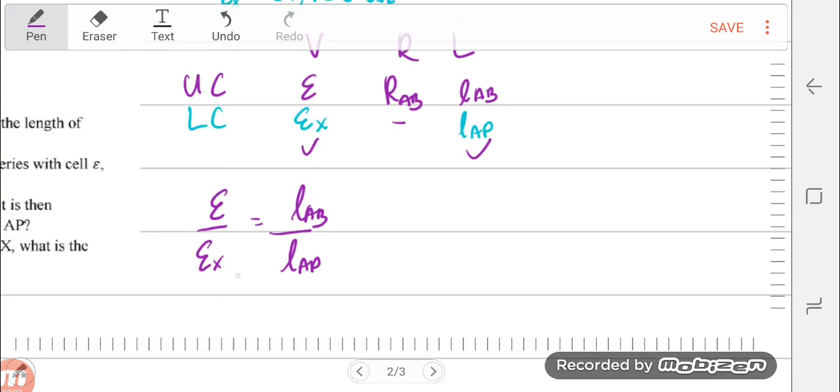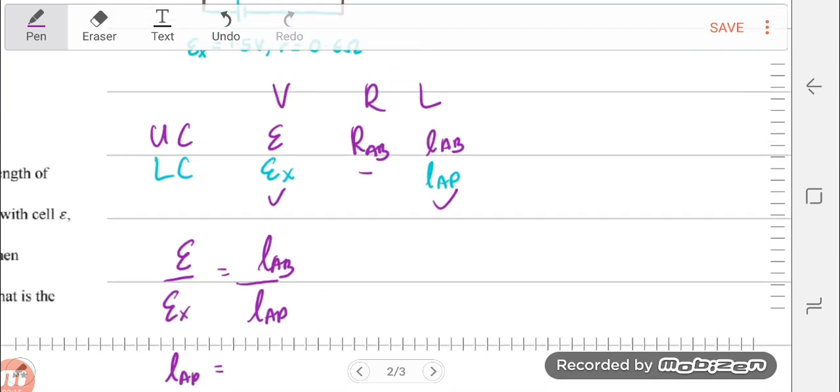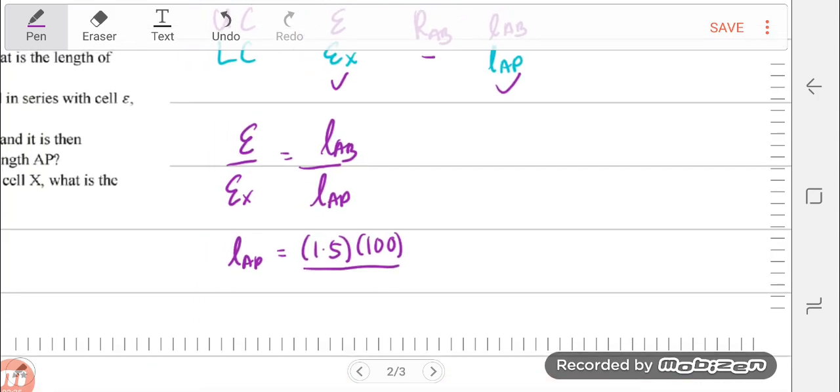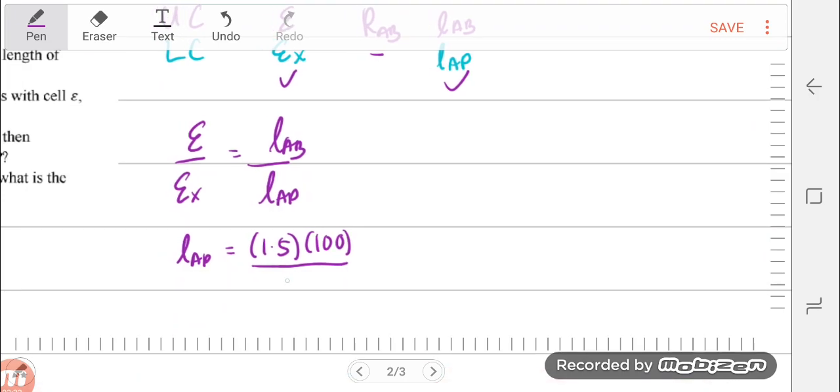So LAP equals EMF X, which is 1.5, times LAB, which is 100 centimeter, divided by the EMF of the upper circuit, which is 2 volt. And the final answer is 75 centimeter. This is for question A.